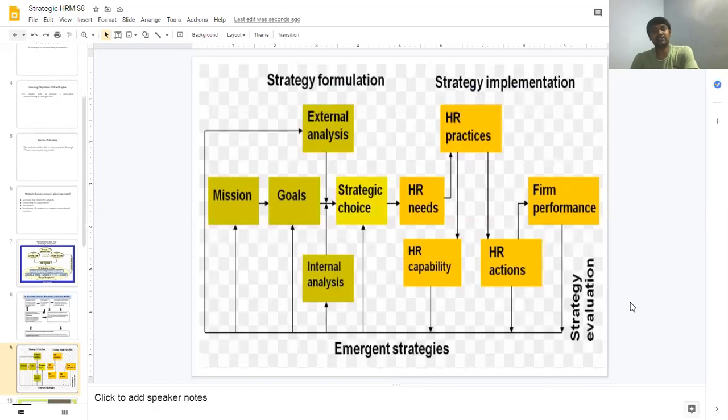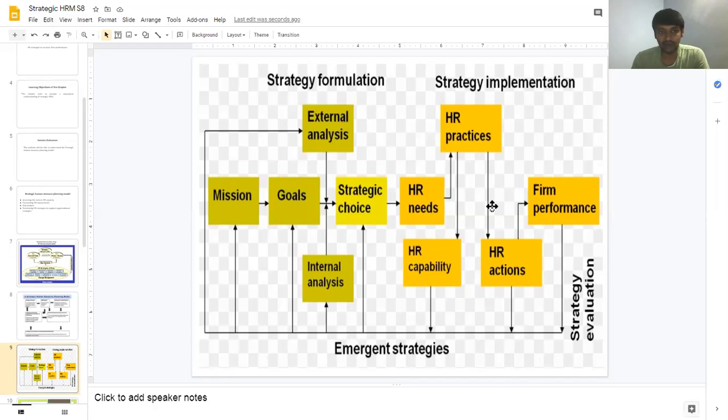In this particular slide as well, it explains in a very brief manner the different human resource management strategies. It starts with mission and goals, external analysis and internal analysis, which leads to the strategic choice and HR needs. Later, once the HR needs have been accomplished through HR practices and HR actions, as I already told you, HR practices and actions come in various departments like recruitment, selection, induction, training, development activities, compensation, performance appraisal, and many different layers.